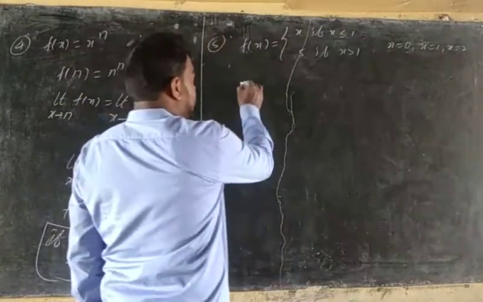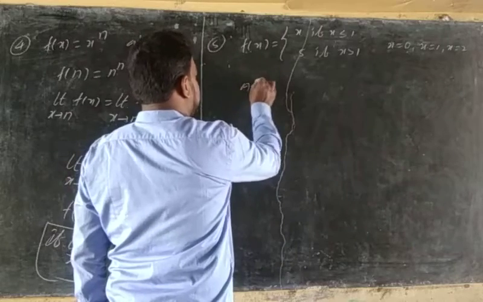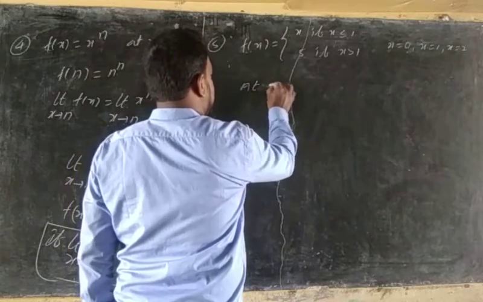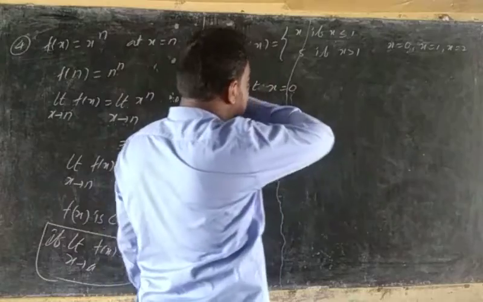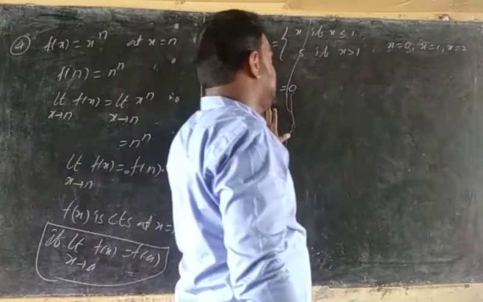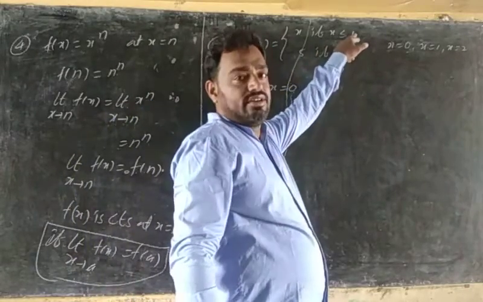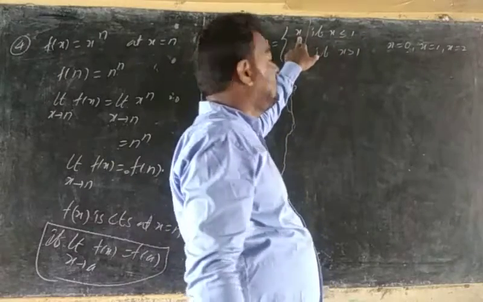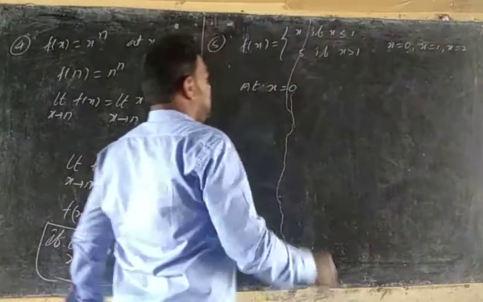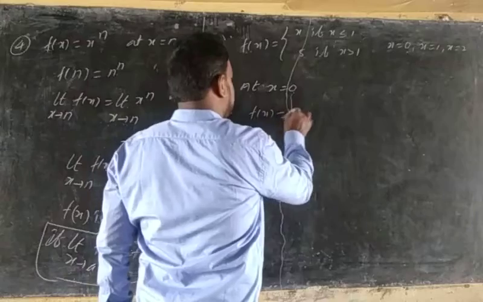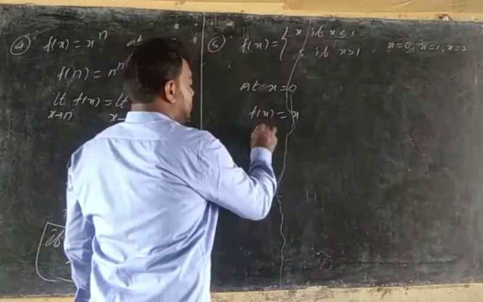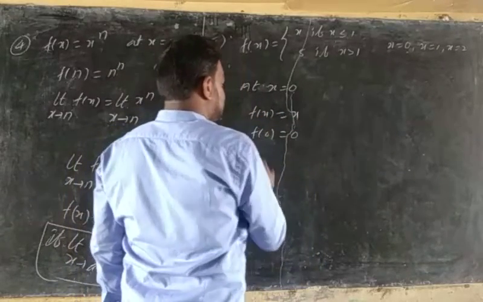First, I am checking at x = 0. At x = 0, x is less than 1, and the function is defined as a single function only: f(x) = x. Now find f(0). f(0) = 0.